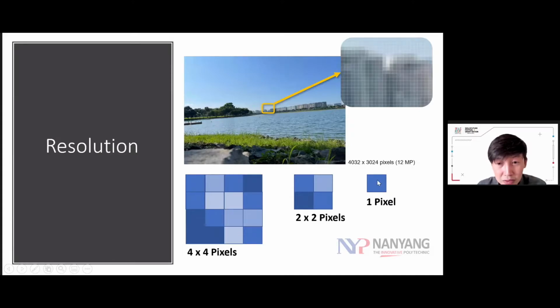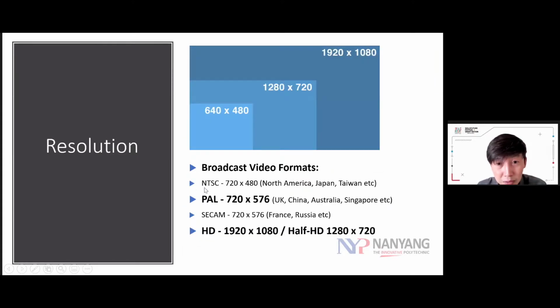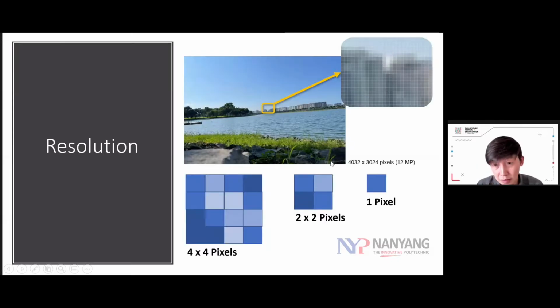Let me illustrate. For example, this picture here is 4032 pixels by 3024 pixels. This number tells you that this length consists of 4032 pixels, and this side consists of 3024. Like what we learned in primary school, length times breadth equals the area.